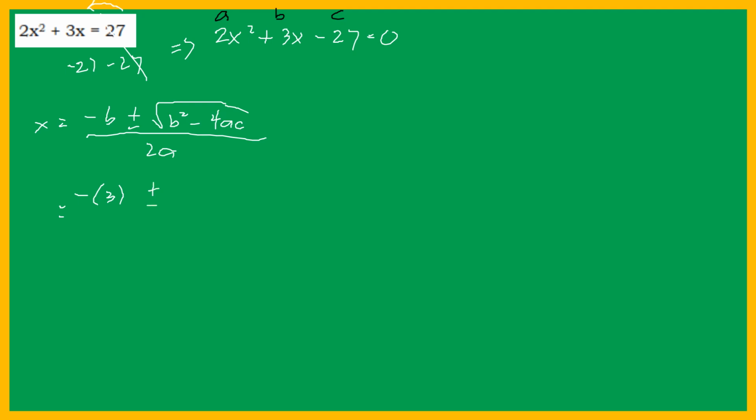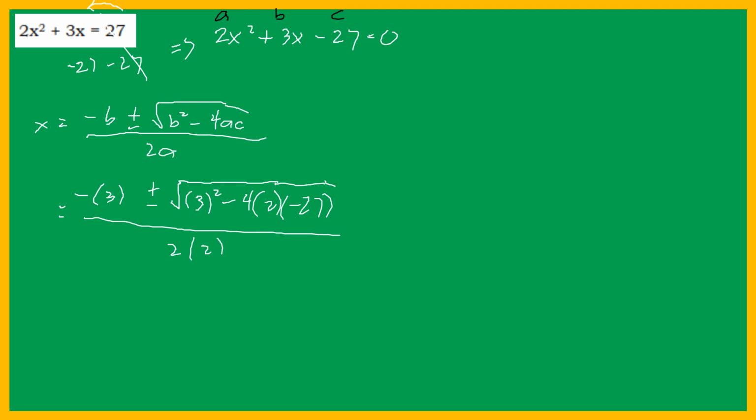So that would be plus or minus the square root of, ito yung may square, 3 squared minus 4 times the value of a, which is 2, times negative 27. And then all over 2 times 2, kasi yung a natin is 2.